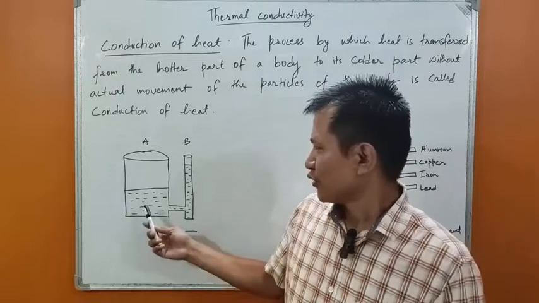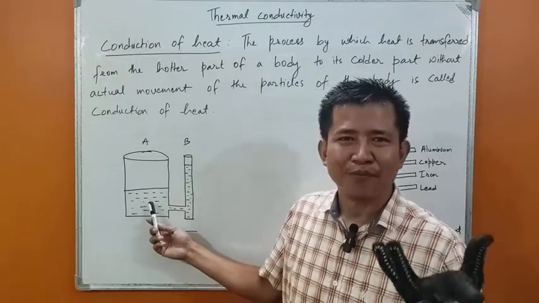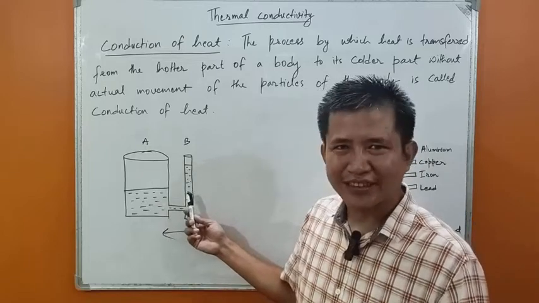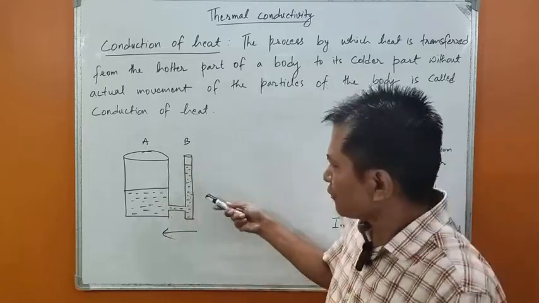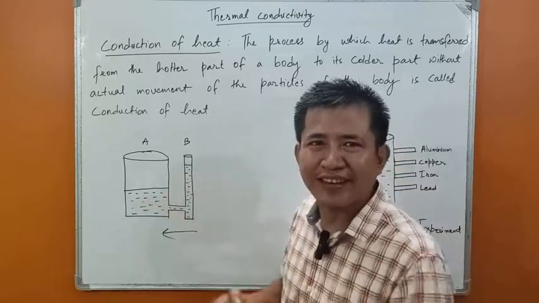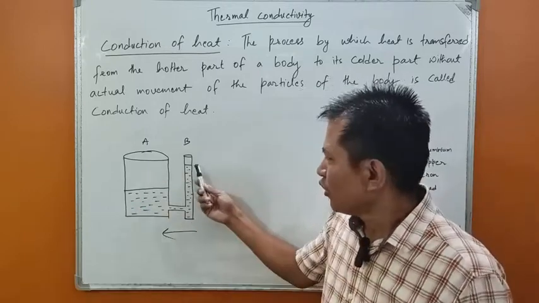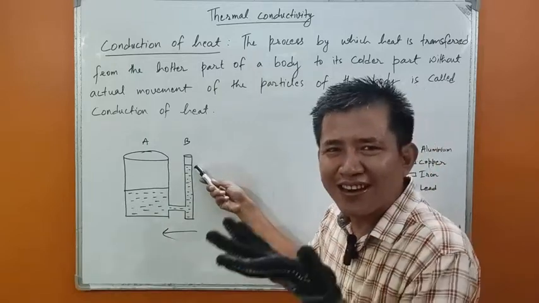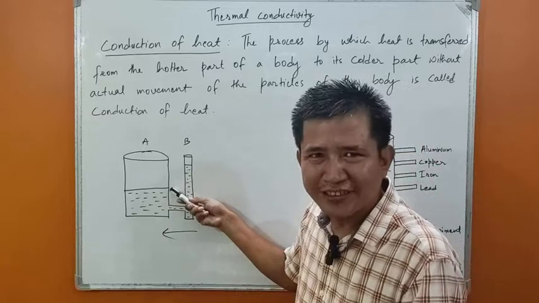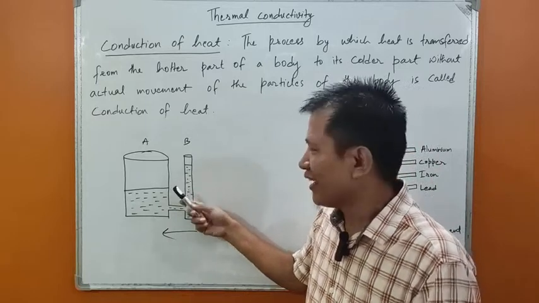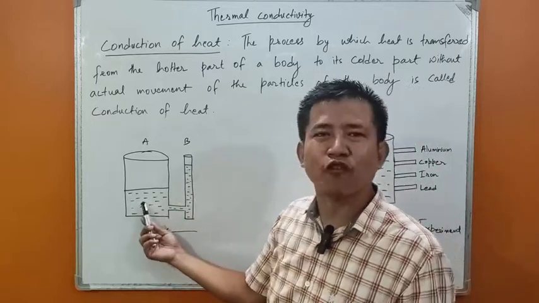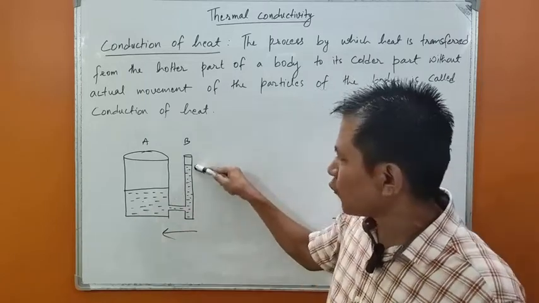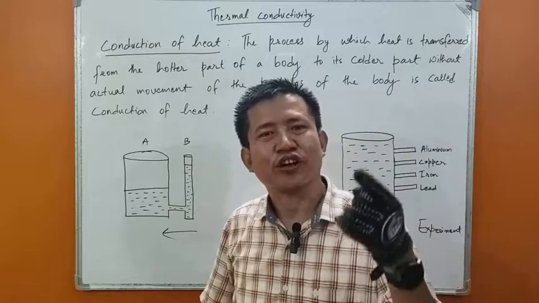Quantity of water is much more in cylinder A than cylinder B. Even then, water from cylinder B flows towards cylinder A. This is simply because the level of water in cylinder B is at a higher level than the level of water in cylinder A. Are you getting me? So it is not the quantity of water, it is the level of water that determines the direction of flow of water.